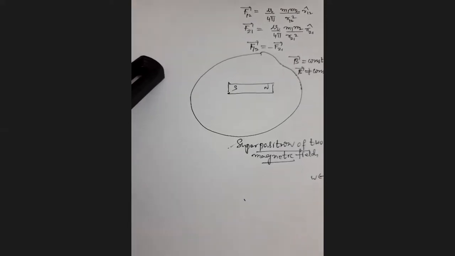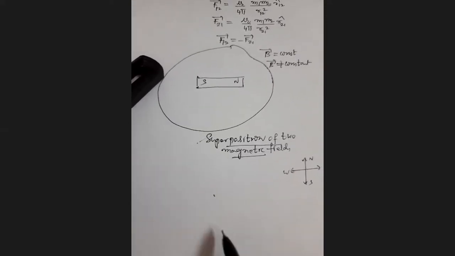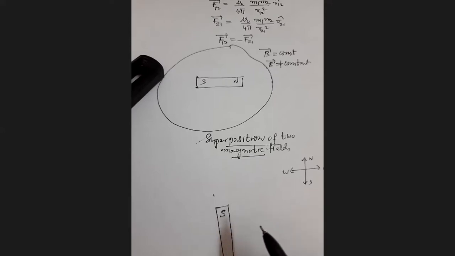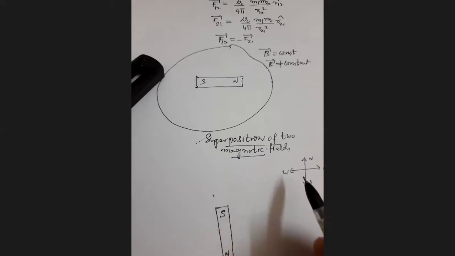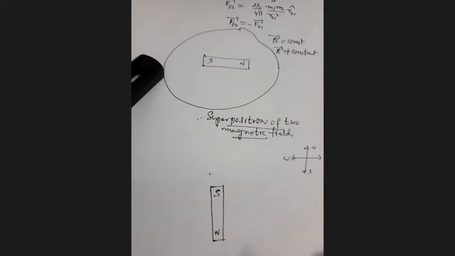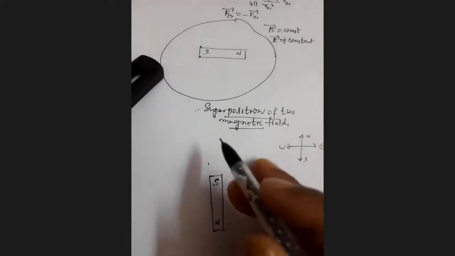Right. Now, when we keep a bar magnet with its south pole pointing towards the geographical north direction, then due to the superposition of the bar magnet's field and Earth's magnetic field, the resultant magnetic lines of force will be like this.